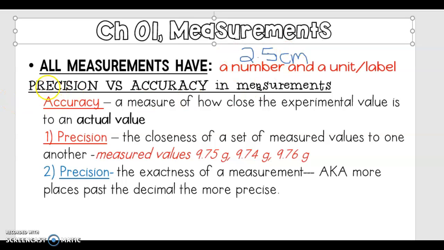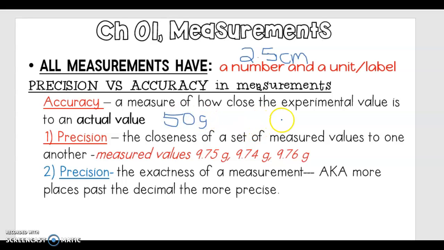I want to talk a little bit now about precision and accuracy in measurements. First of all, accuracy is a measure of how close the experimental value is to an actual value. So let's say, for instance, I give you a beaker, and I tell you that the beaker is 50 grams. And then I tell you to take that beaker and put it on the balance and find out the mass of the beaker.